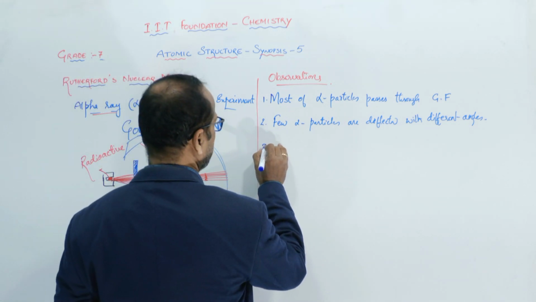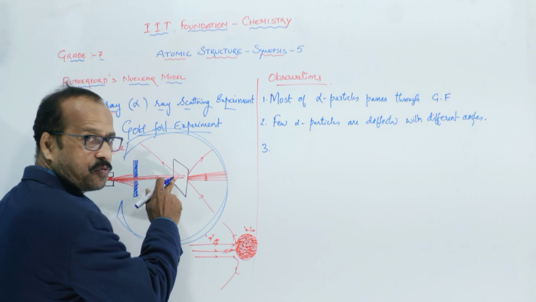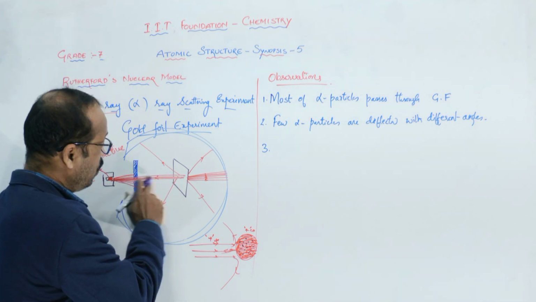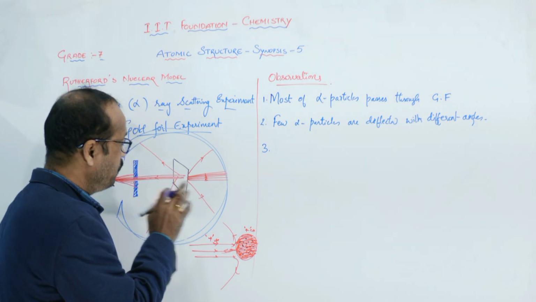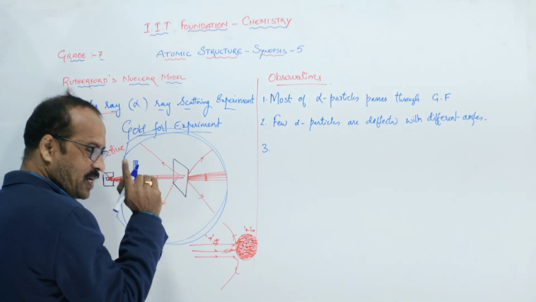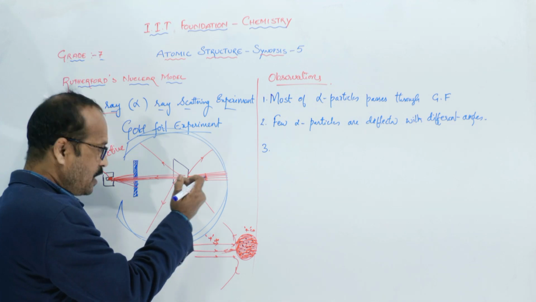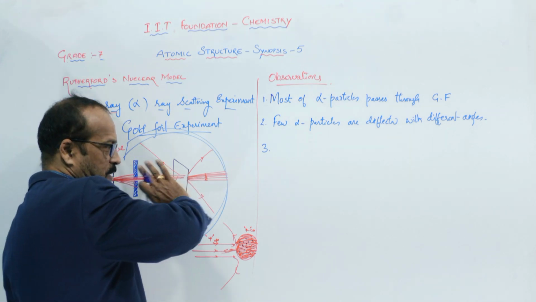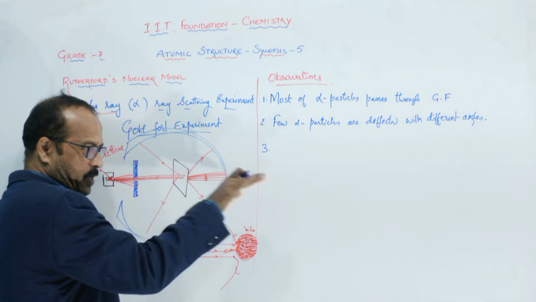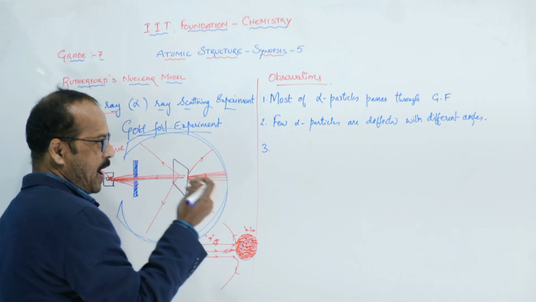And the third point he observed is that 1 out of 20,000 alpha particles is rebounding. If we pass 20,000 particles, most are passing through and only one particle is rebounding back.